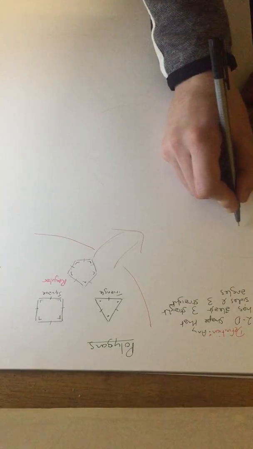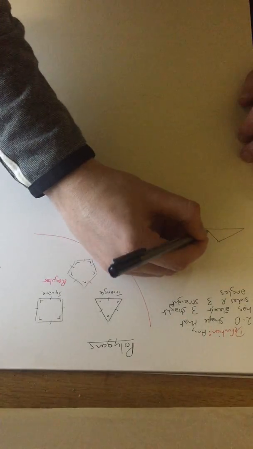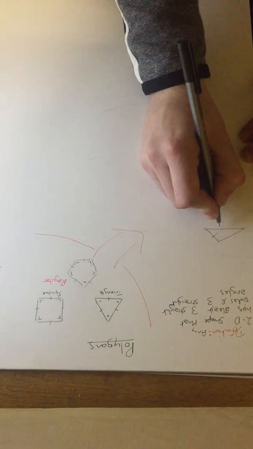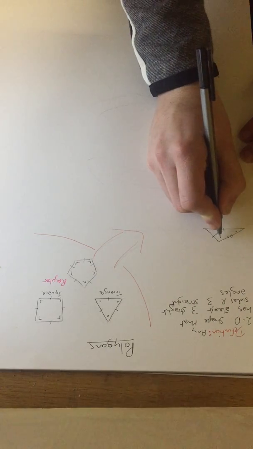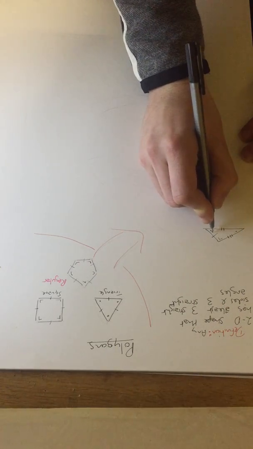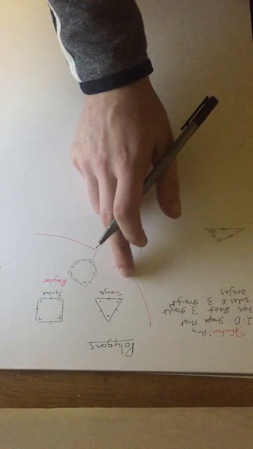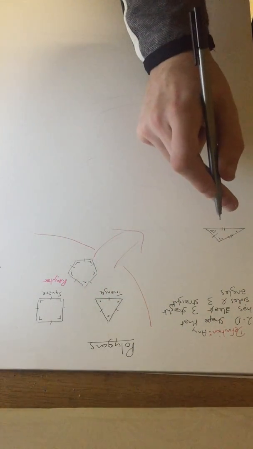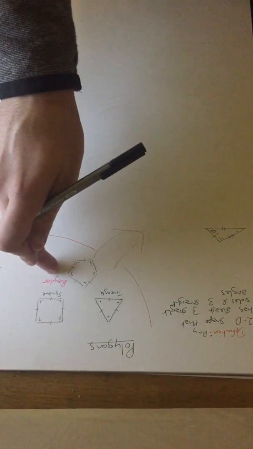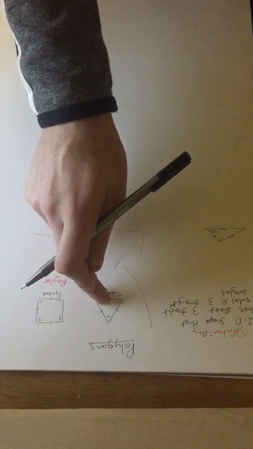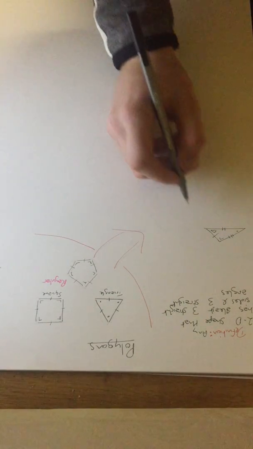If we were to do an irregular triangle, none of the sides are equal, none of the angles are equal, and that's what makes it different to the triangle we had before. That makes it an irregular polygon, because for a shape to be a regular polygon, the sides must be equal and the angles must be equal. No sides equal here, no angles equal, not a regular polygon.